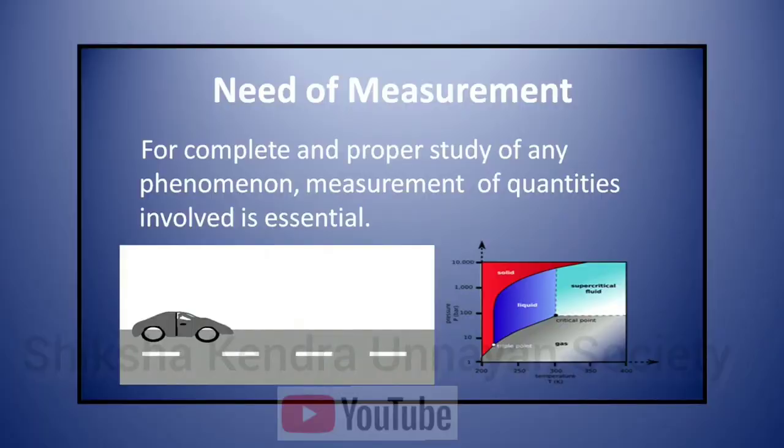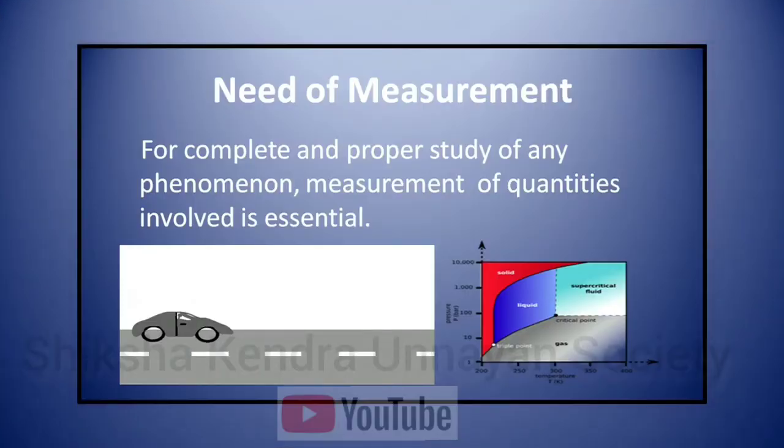Similarly, measurement of volume, pressure and temperature is necessary to study the state of a gas fully. Thus, we find that measurement of quantities such as distance, time, temperature, mass, force, etc. has to be made to study every natural phenomenon. This explains the need for measurement.